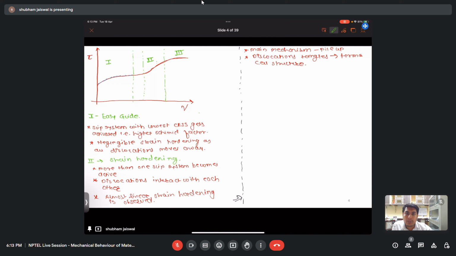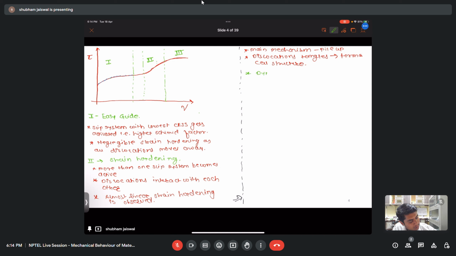Then the third region in this curve is known as dynamic recovery. So what happens in this region? It is generally characterized by a decreasing rate of strain hardening. Cross slip will take place, and it will release the stress due to the pile up, and dislocations will move.